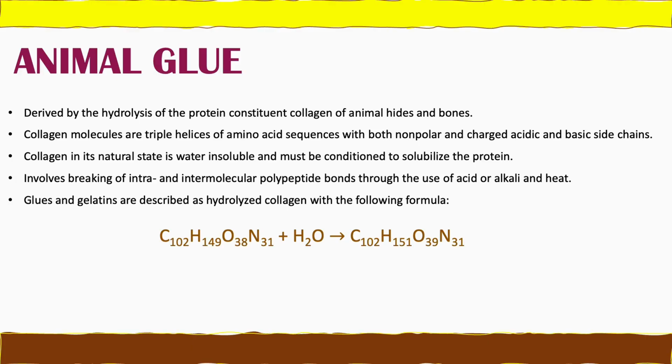So basically what is happening here, we are converting the protein constituent, collagen, to the gelatin, which is the animal glue, through hydrolysis, using heat and acid or alkali, which helps in hydrolysis. During this process, the inter and intramolecular polypeptide bonds are broken, and the melting of the trihelical network takes place, and the morphology gets converted to the amorphous state.